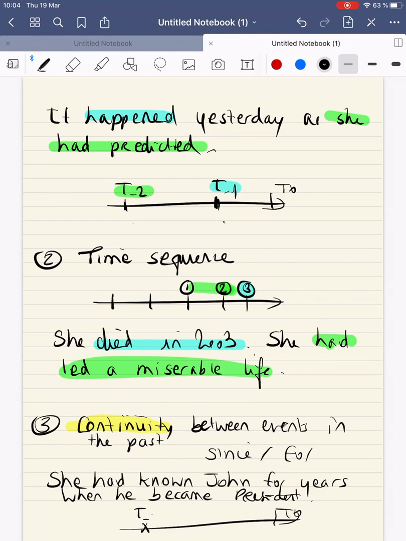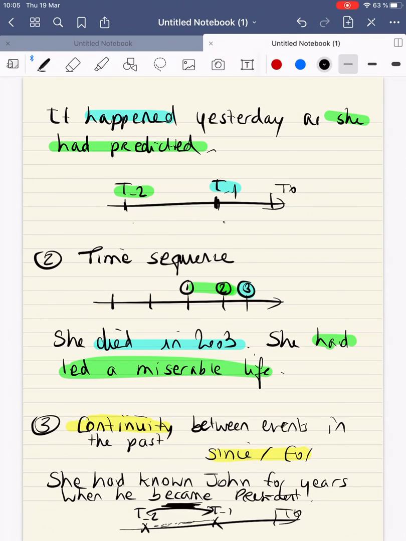So once again, if I draw my timeline, I started knowing John here, and this continued for years and years until he became president. So there's a continuity. It started here and continued until the moment he became president. Exactly the same idea with for and since, but in the past.